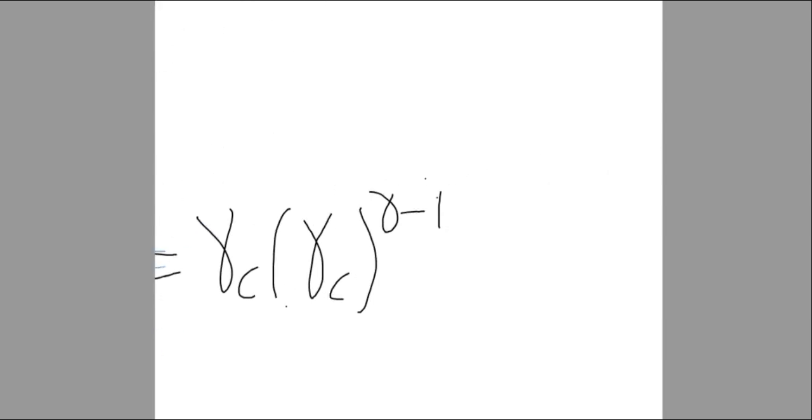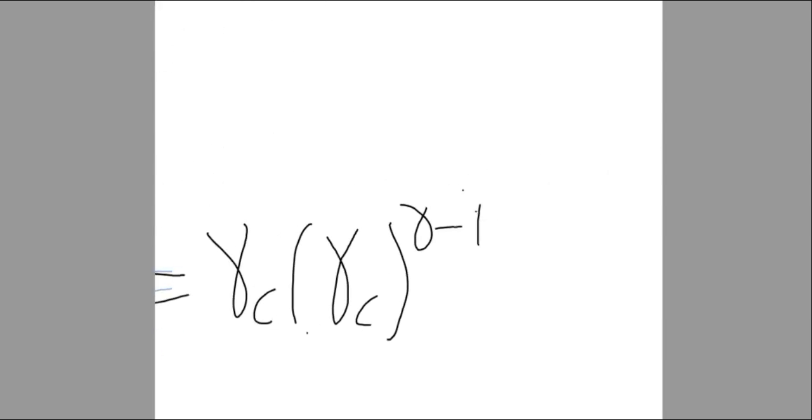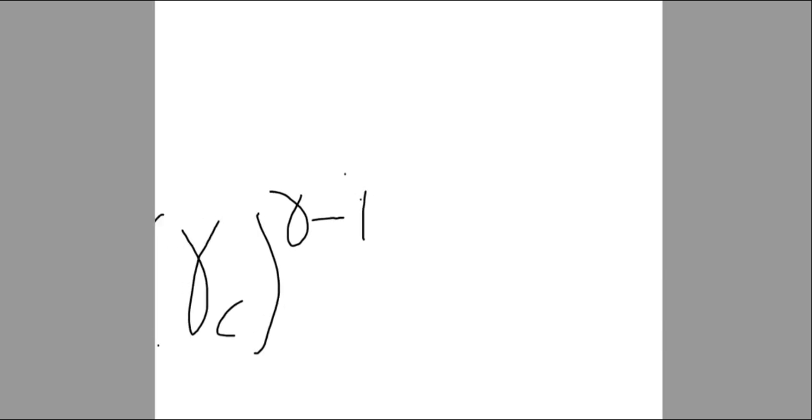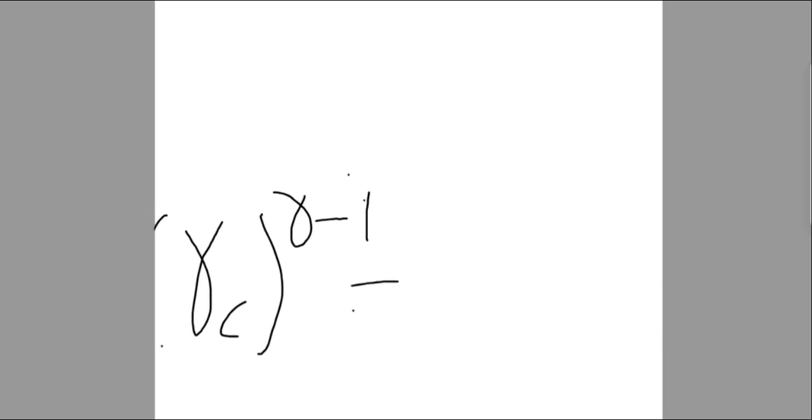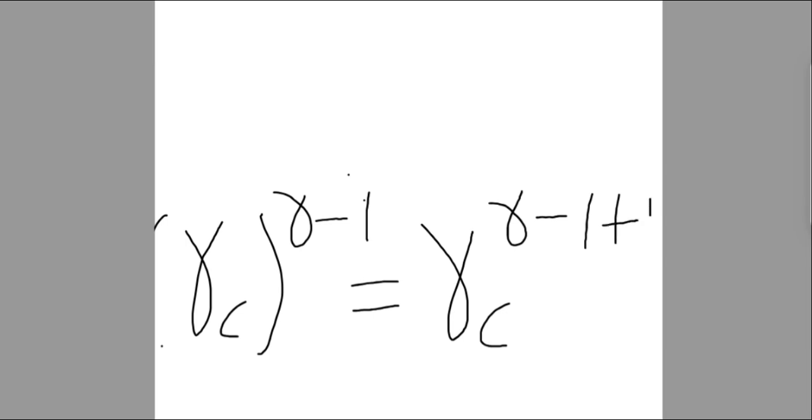So therefore, using the law of indices, this is going to give us our cutoff ratio raised to power gamma minus 1, then plus 1.